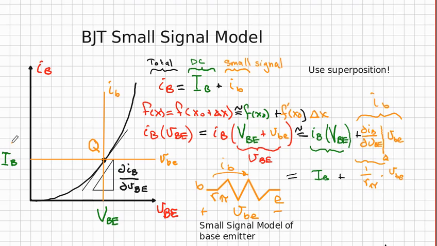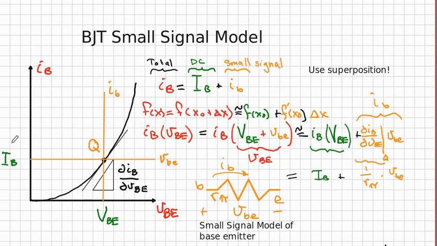Let's develop a small signal model for the BJT. First, we examine the base emitter characteristic. This is similar to the characteristic developed previously for a diode. The Q point is shown and can be calculated using a large signal approximation or, more accurately, with the Shockley equation, or can even be measured experimentally.